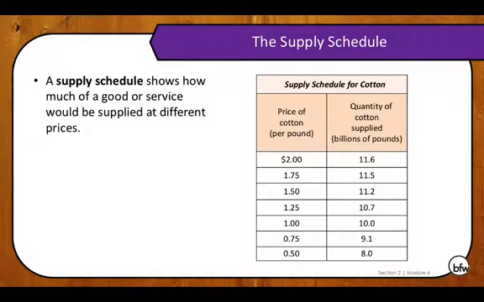When we looked at the law of demand, we saw that there was an inverse relationship between the price of a good and the quantity demanded. With the law of supply, it is just the opposite. Instead of an inverse relationship, there is a direct relationship between price and quantity supplied. As the price of a good rises, the quantity supplied rises, and as the price of a good falls, the quantity supplied falls.